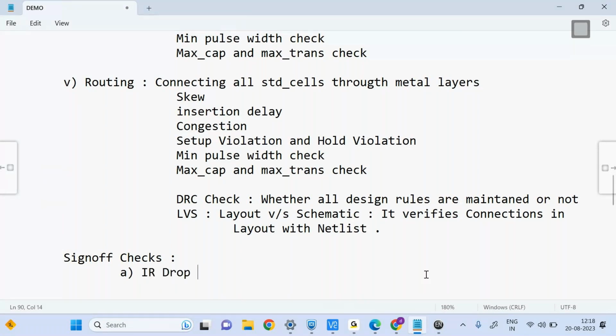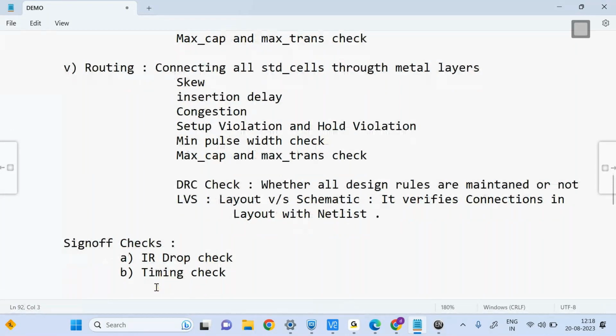Then it will go for the timing check, which means they will do STA, static timing analysis. Next it will go for physical verification. All these checks.